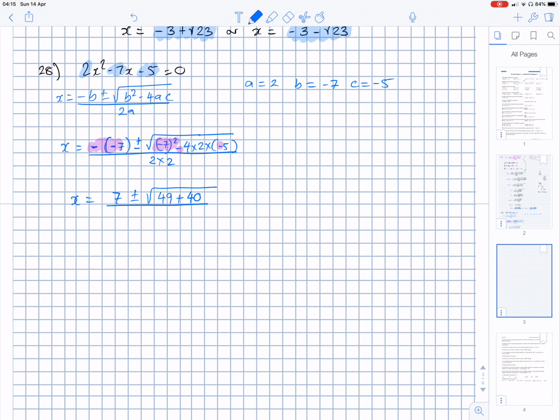Divided by 4. So x equals 7 plus or minus square root of 89 divided by 4.